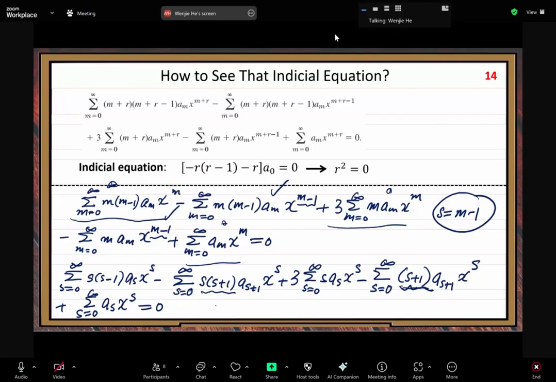After that, because all the starting points are the same, from 0, we can add all these terms up directly.